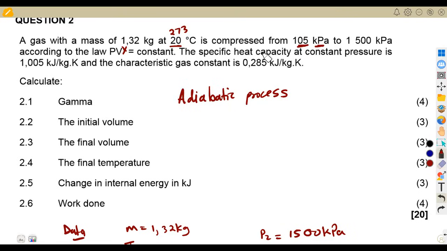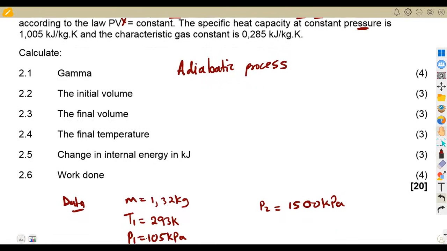Then you're also given the specific heat capacity at a constant pressure. All right, so this is at a constant pressure, which is Cp. So you're given at constant pressure, Cp, that's 1,005 kilojoule per kg Kelvin. It can be given at constant volume, which will be given as Cv.